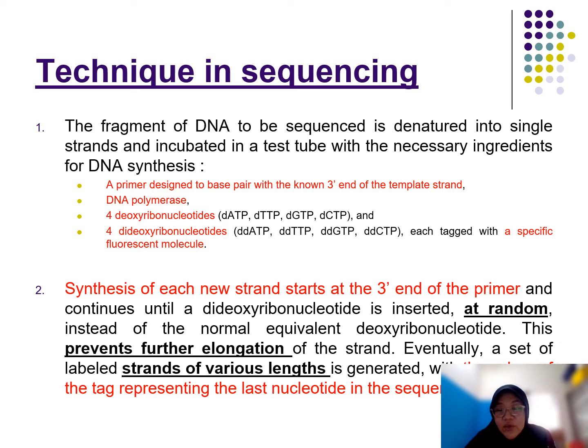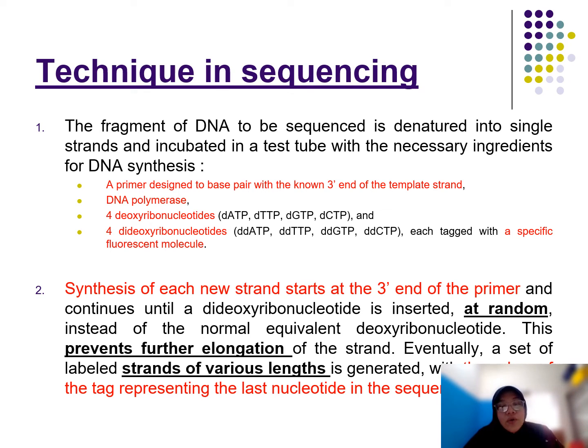So we know what base it is, whether it is adenine, guanine, thymine, or what else, cytosine, right? So we know the bases because of the specific fluorescence. So this is also a base, but with color, a base that is tagged with color. So that is dideoxyribonucleotide.